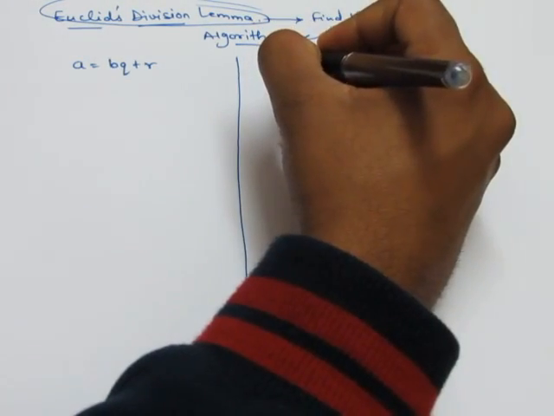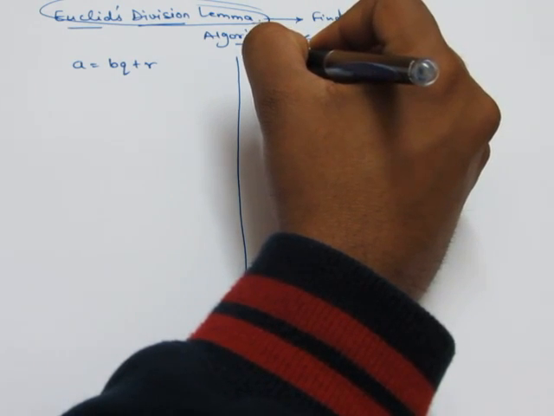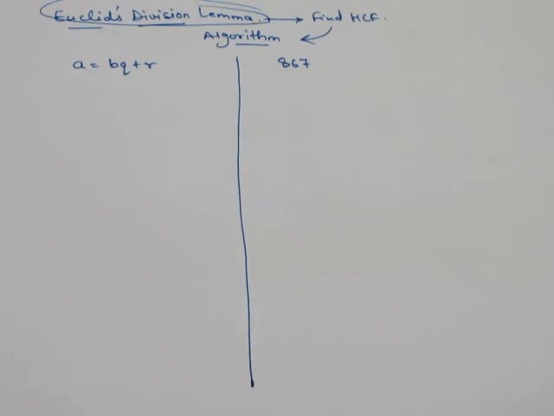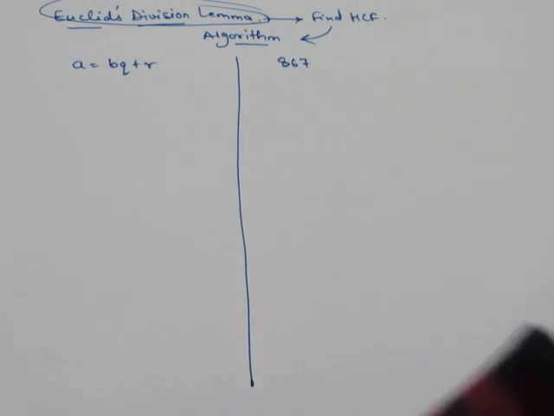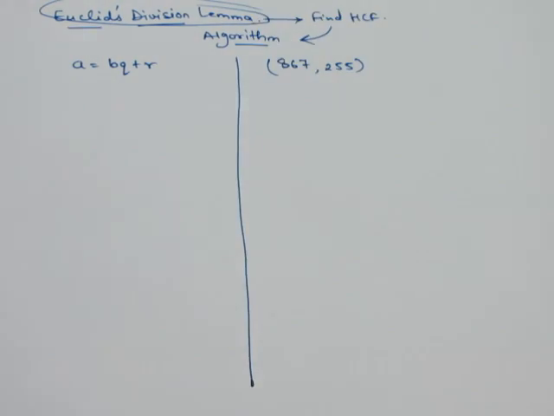Let's take up, let's say 867. So I have to represent 867 as something. We'll see what. So if I write 867, and let's say I have to find HCF of 867 and 255.